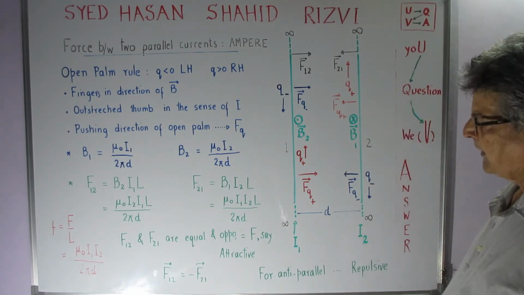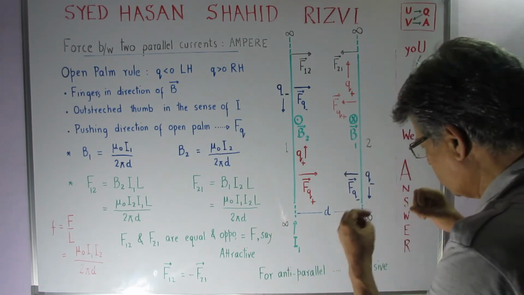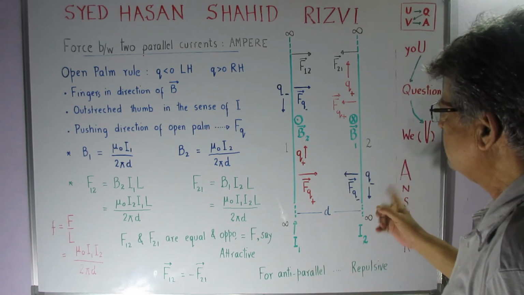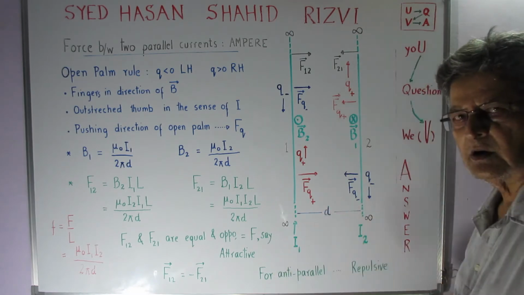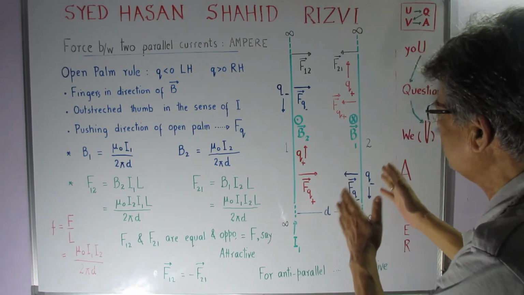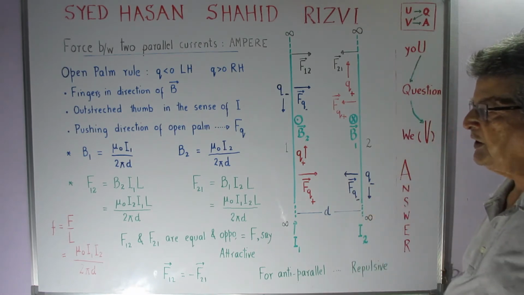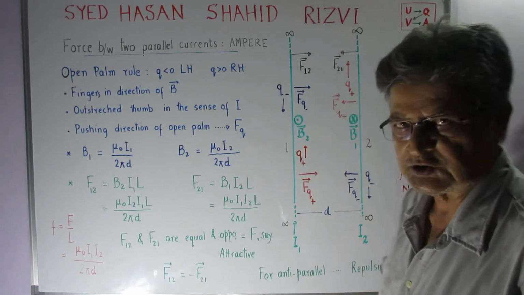So in either case, whatsoever kind of charges contribute to I1 and I2, they will have an attraction towards each other. This is just a qualitative thing that I have shown to you. So the pushing direction of the open palm gives the force on the charge.